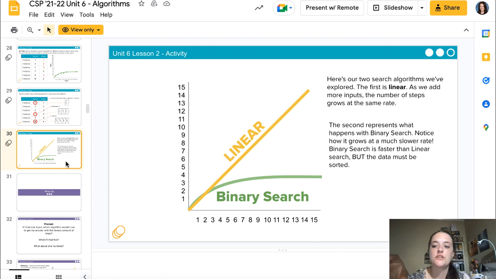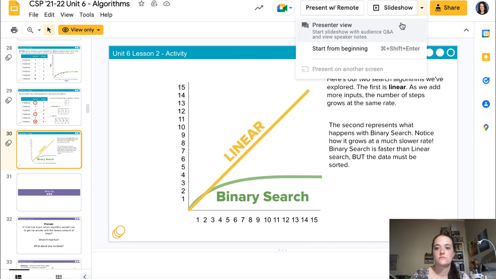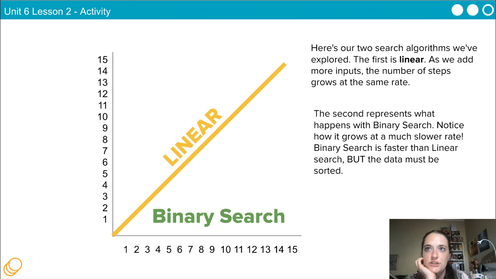So here's our 2 searches. The first search is a linear search. As we add more inputs, the number of steps grows at the same rate.